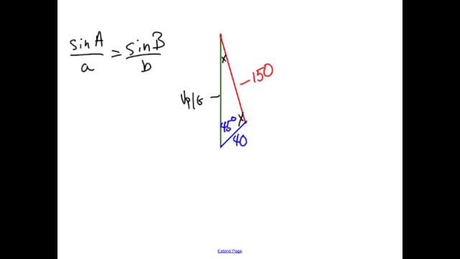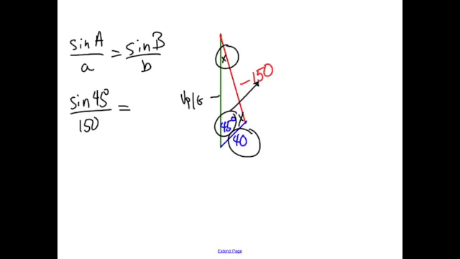So here I have one angle that I know, and I know the length of the opposite side. So for this case, the sine of 45 degrees divided by 150 must equal, well, here I have a side, and here's the opposite angle, so this must equal the sine of x divided by 40.